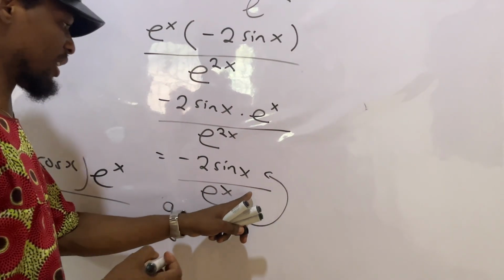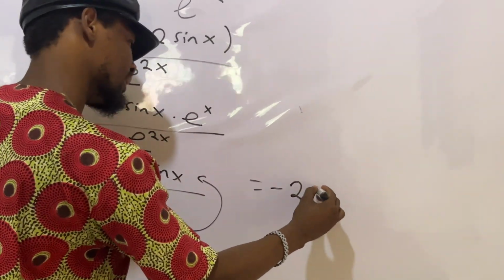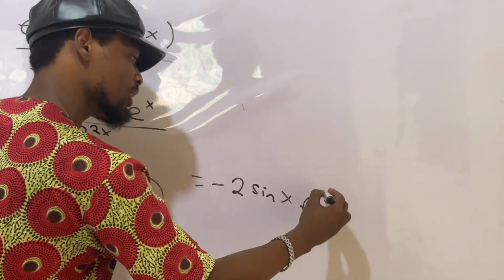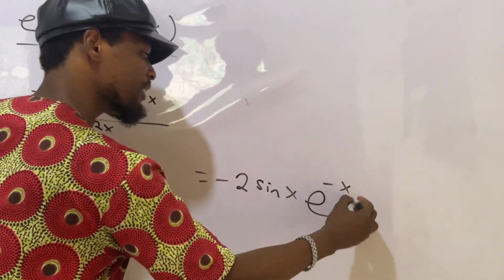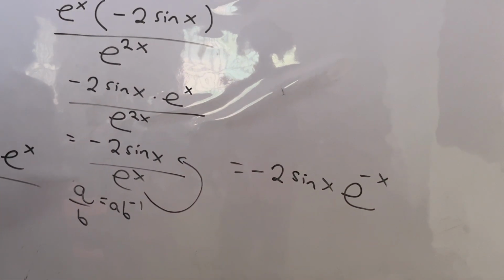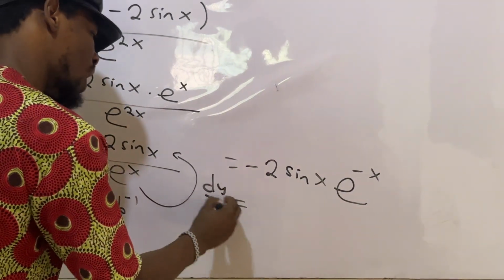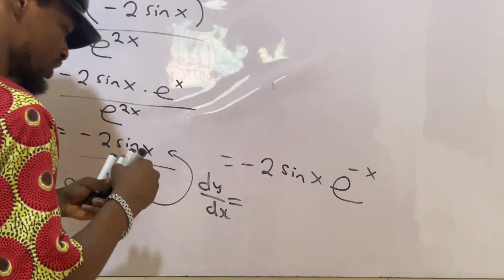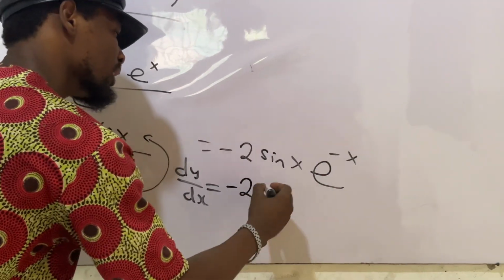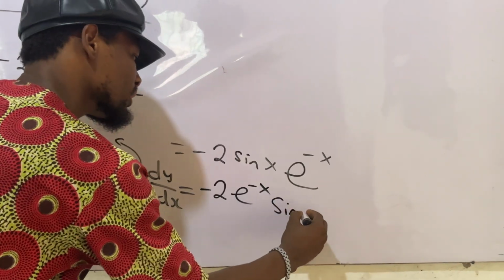So this is the same as negative 2 sine x times e to the power negative x, because it has been brought to the numerator side. So viewers, this is the solution: dy over dx is equal to negative 2 e to the power negative x, then sine x.